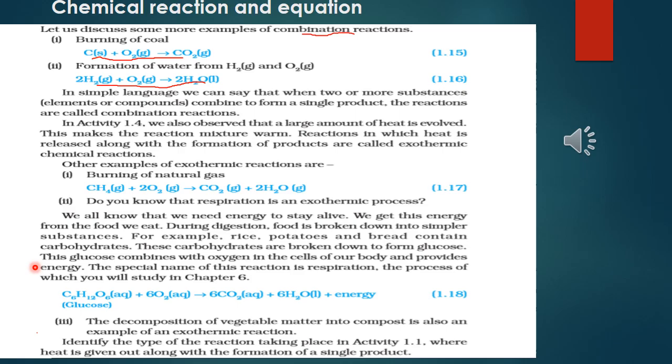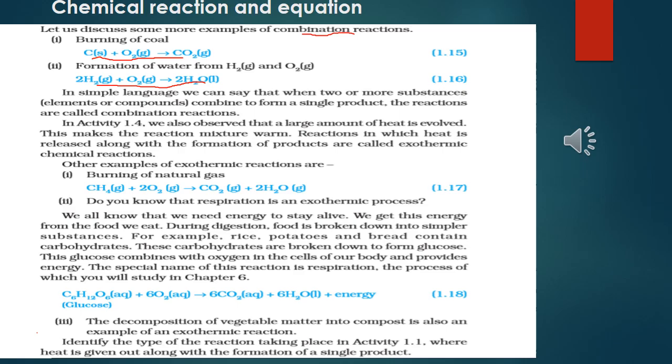So if heat is produced, then it is an exothermic reaction. See this reaction: burning of natural gas, methane CH4, burning means with oxygen, to form carbon dioxide and water. But when this reaction occurs, a huge amount of heat is also produced. So this is an example of exothermic reaction.